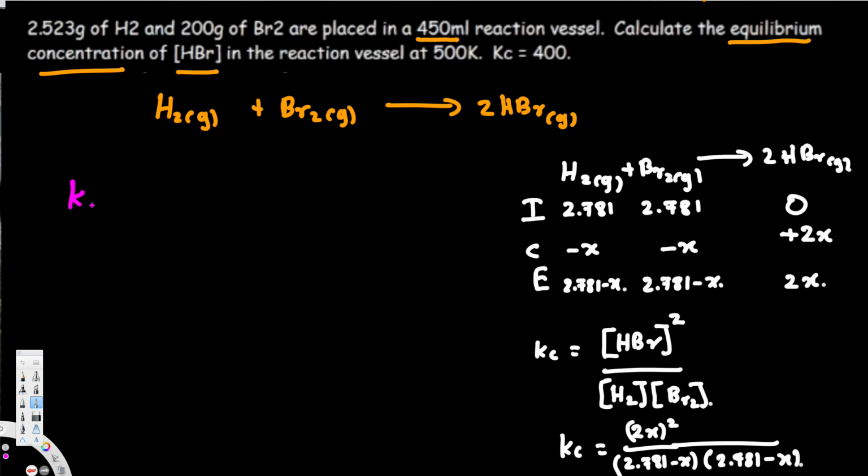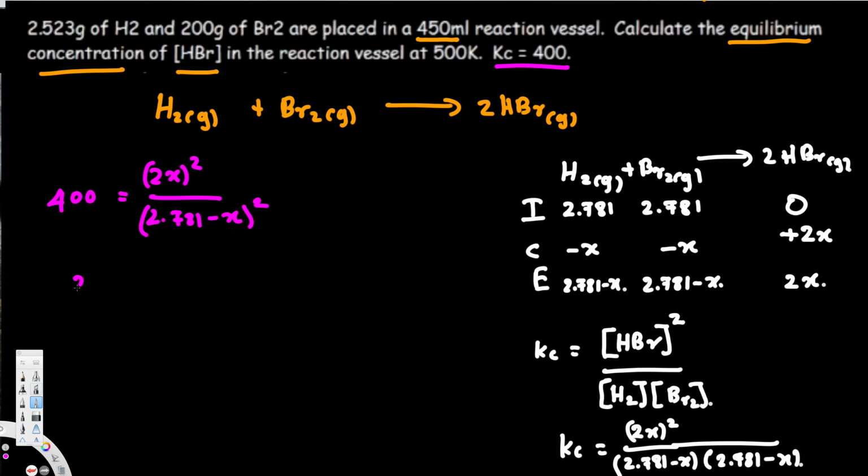We can also express this equation as Kc is equivalent to 2x squared over, since we have both of them the same, 2.781 minus x whole squared, right? So this is also the same as that one. Now instead of putting Kc right here, I can put the value of Kc that is given, 400, and let's take the square root of both sides.